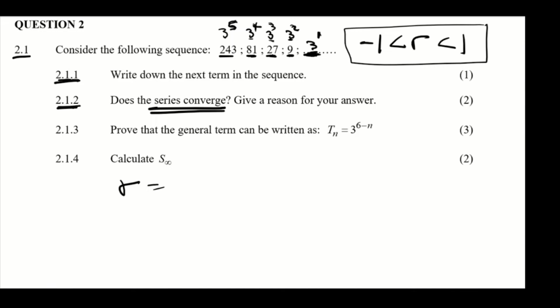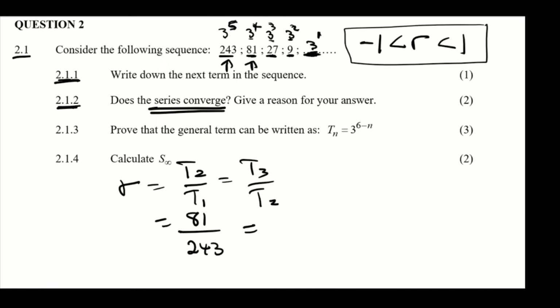So r is equal to term 2 over term 1, which is equal to term 3 over term 2. This is term 2, this is term 1. So term 2 is 81 divided by term 1, which is 243, equals term number 3, which is 27, divided by 81, which is term number 2, right?